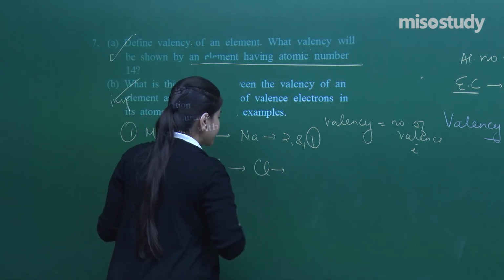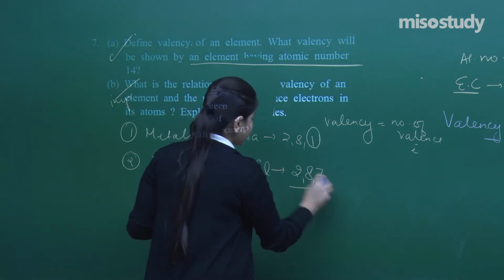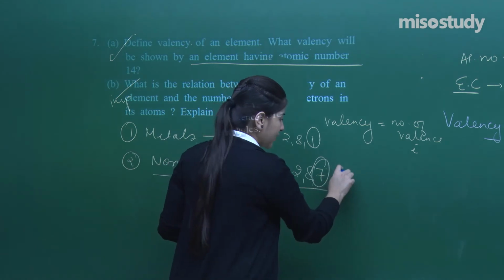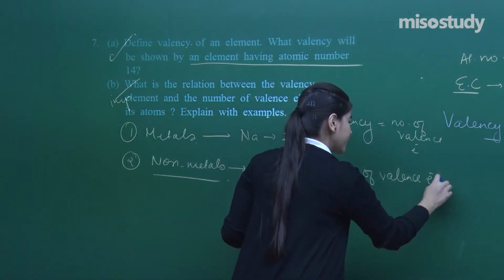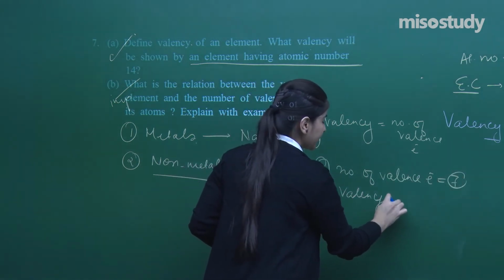See here, if I take an example of chlorine, 2, 8, 7, that means the number of valence electrons is 7, whereas valency is the combining capacity.